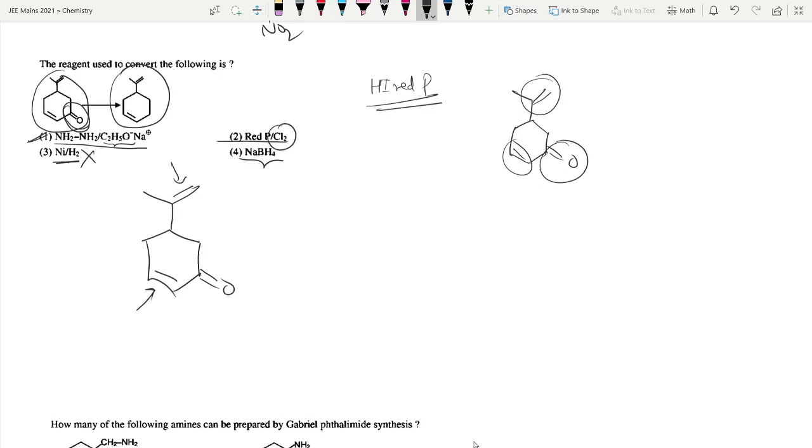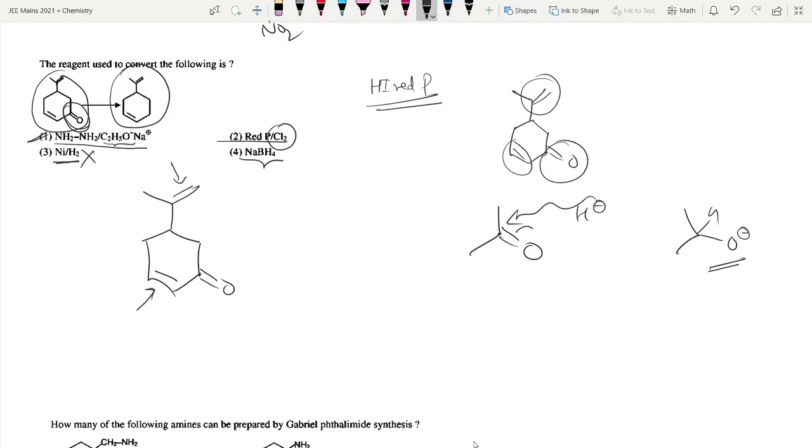And NaBH4, suppose you are thinking about the ketone part. NaBH4 has hydride ions in it, so it reduces by a hydride transfer kind of mechanism, and you will get an alcohol in such a case.